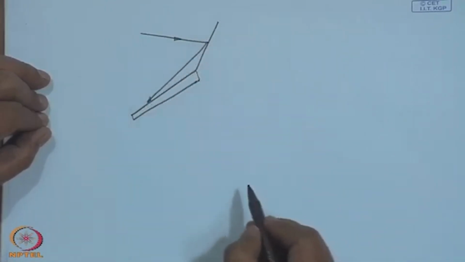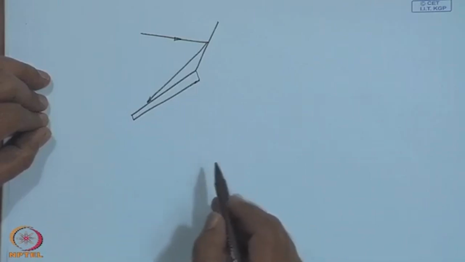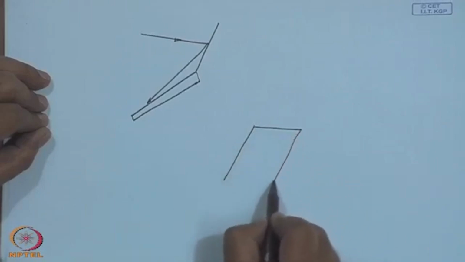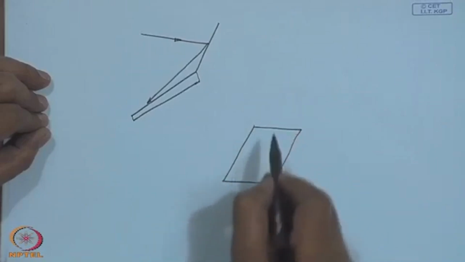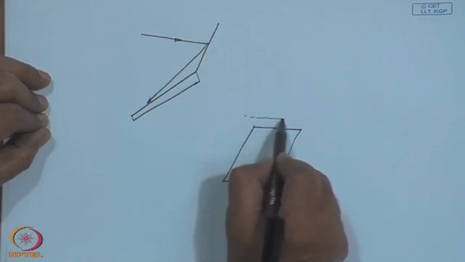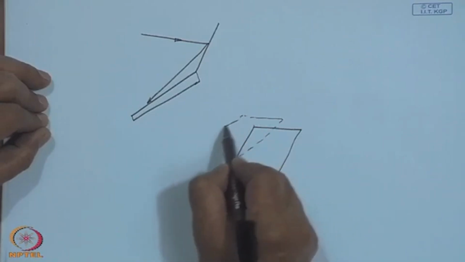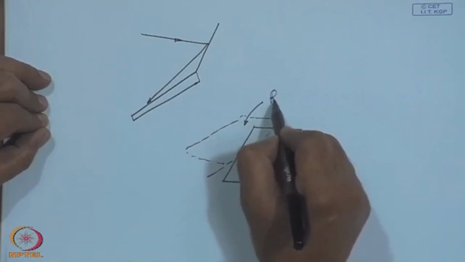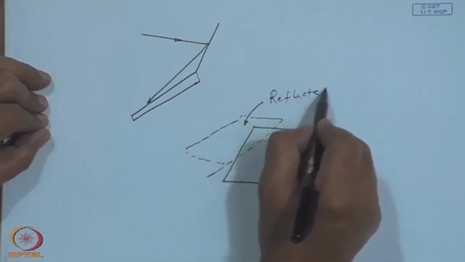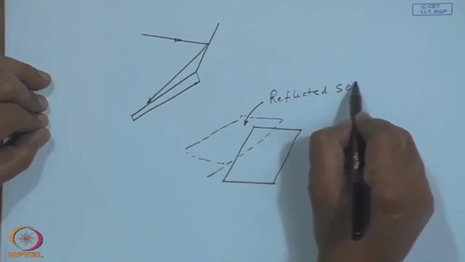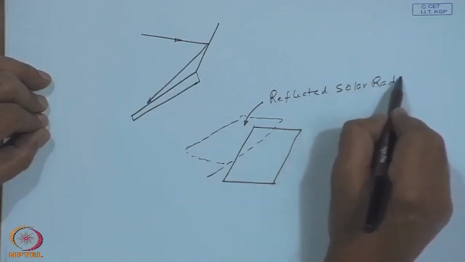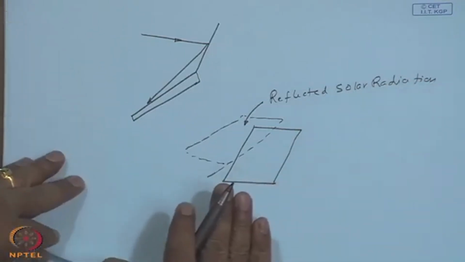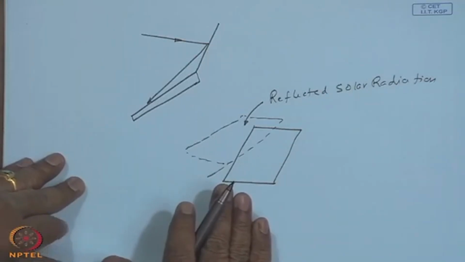So, depending upon the time of the day, my reflected ray, if I show this to be the collector in some view, this may be the reflected solar radiation. It may not exactly fall area to area of the collector and the corresponding mirror.